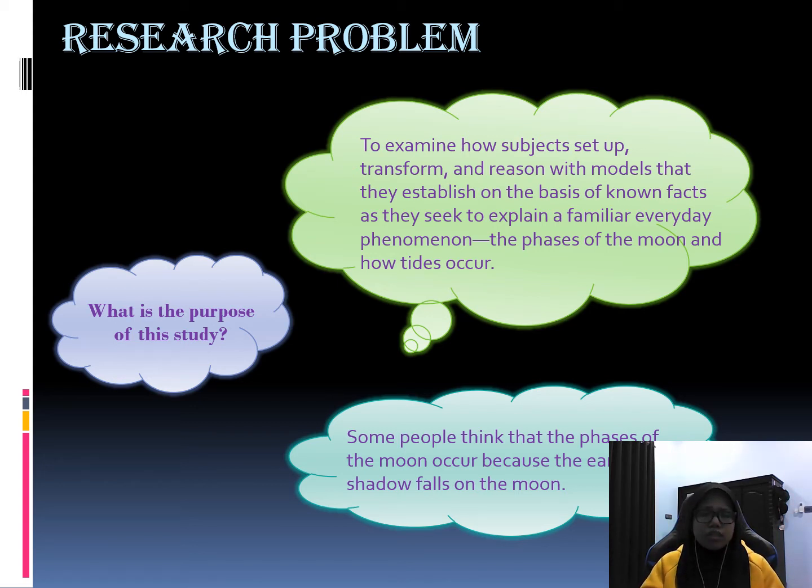It is because some people do not actually know the reason or how the phases of the moon and the tides occur. Some people think that the phases of the moon occur because the Earth's shadow falls on the moon.